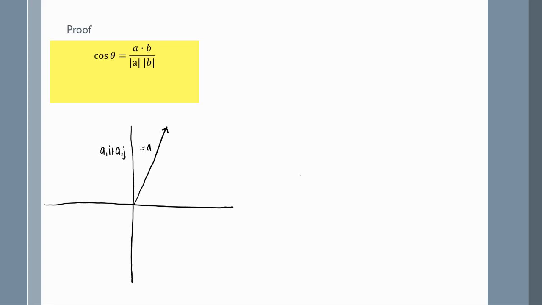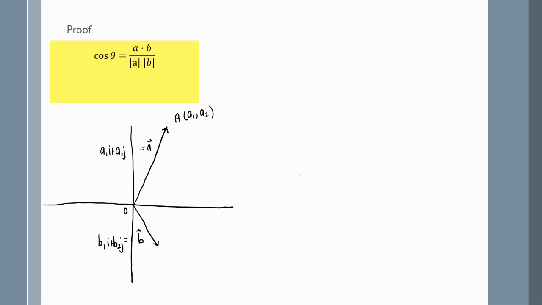I'm going to just draw in a graph of two vectors, and they're just arbitrary. So we can have A as vector A1i plus A2j, and it will start at the origin, being a position vector, and finish at the point A, which is (A1, A2). I'm going to draw in another vector.